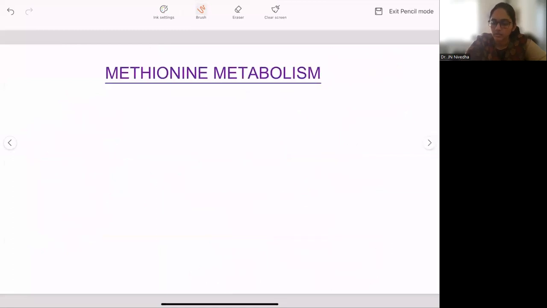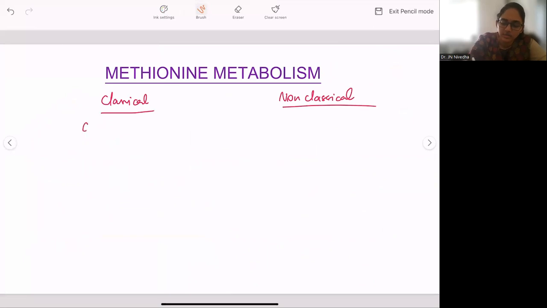So what we have seen is classical and non-classical homocystinuria. Classical homocystinuria is due to cystathionine beta synthase deficiency. There is increased homocysteine in the plasma, which can get converted to increased methionine.